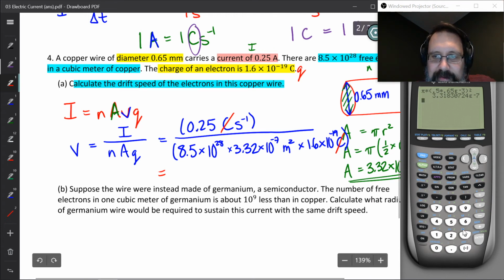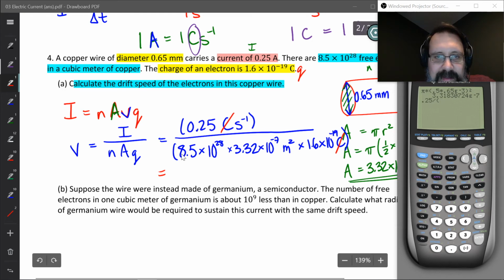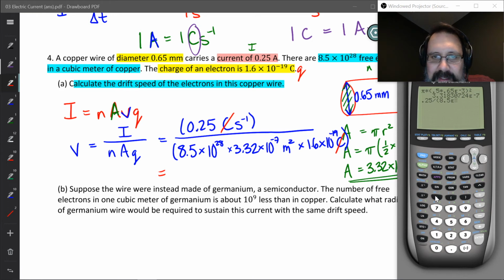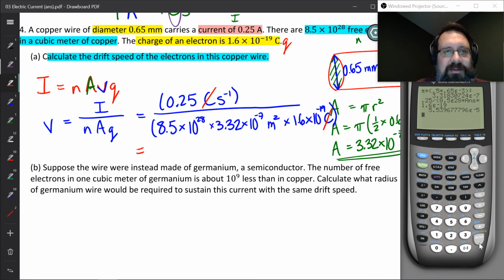So I'm going to take 0.25 divided by 8.5 times 10 to the 28, multiplied by that area that I had from before, multiplied by 1.6 times 10 to the negative 19. And I get that, which is the correct answer. I'm not seeing the units work out, which is kind of strange to me.